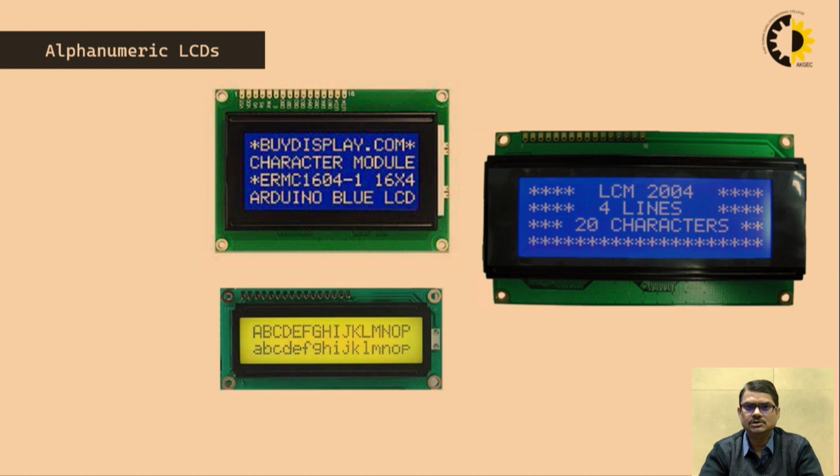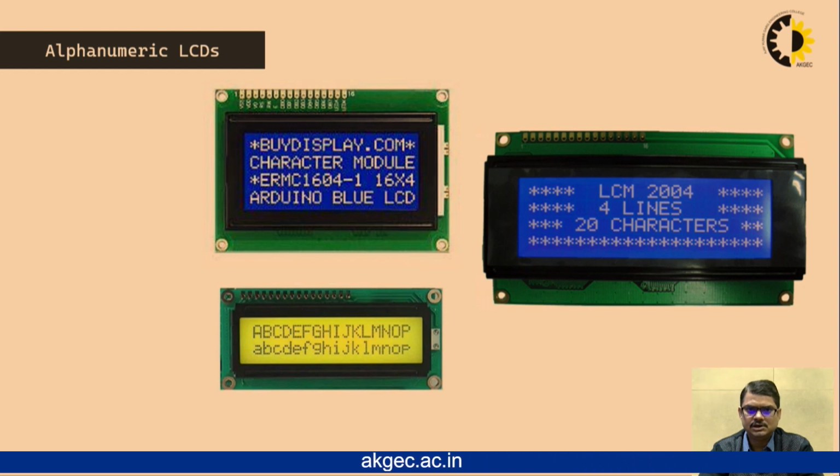But if we are thinking of something innovative in the code, we may be able to display any special character or any special graphics in bitmap format on these LCD displays, because for displaying one character we have a 5 by 7 dot matrix, like one character is displayed in a 5 by 7 matrix area.